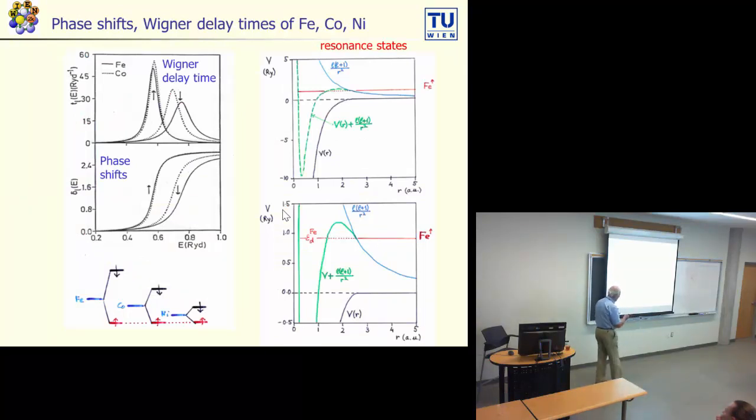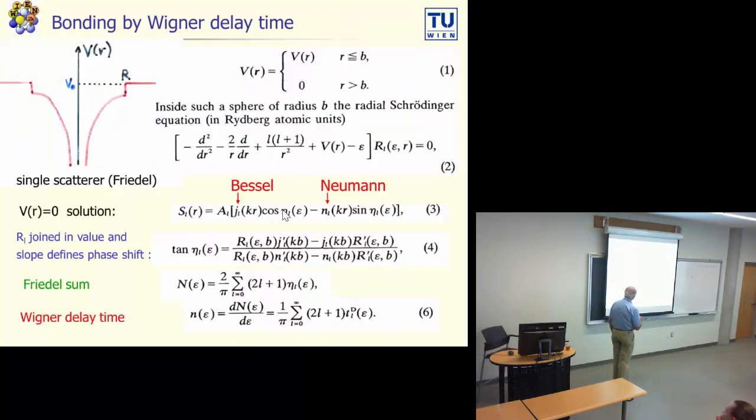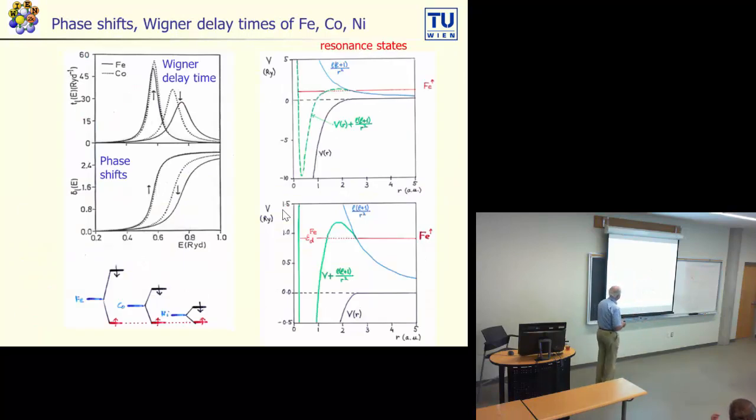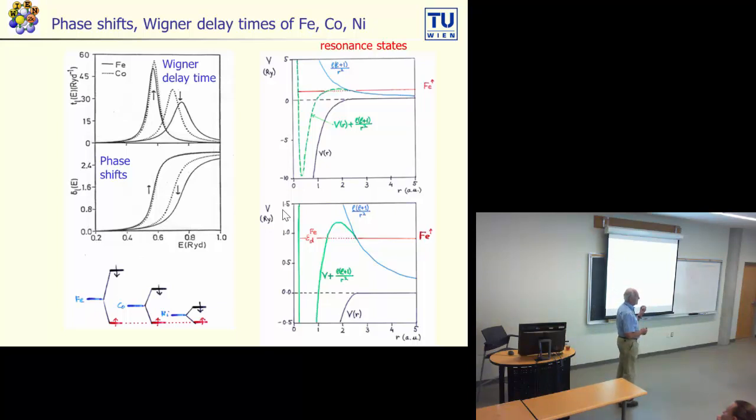So basically, the idea of the scattering mechanism is, maybe I briefly go here, you have to add to the potential this L(L+1) divided by R squared, this quantity, and this is plotted here. So in the sense of scattering, you can find so-called resonance states.